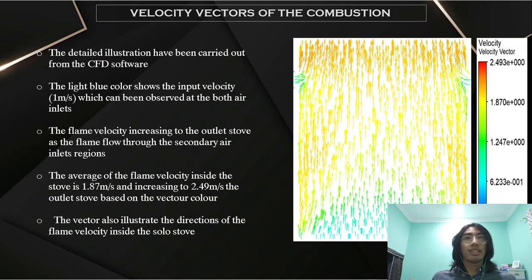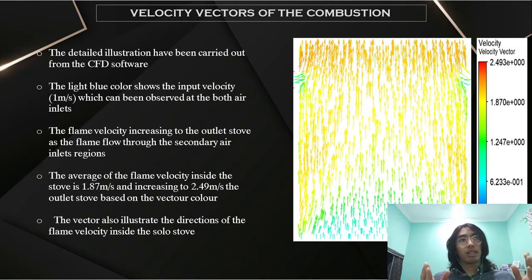The flame velocity increases toward the stove outlet as the flame flows to the secondary air inlet regions. The average flame velocity inside the stove is 1.87 meters per second, increasing to 2.49 meters per second at the stove outlet, based on the vector color. As you can see, at the inlet fuel, as the inlet fuel did not have velocity, it will start at the blue color.